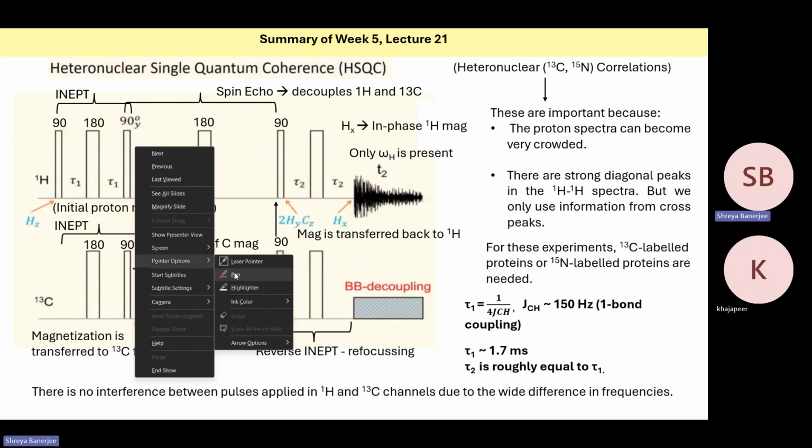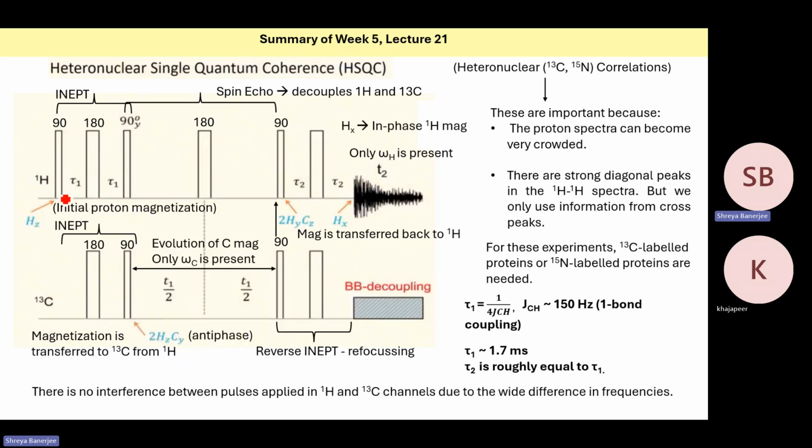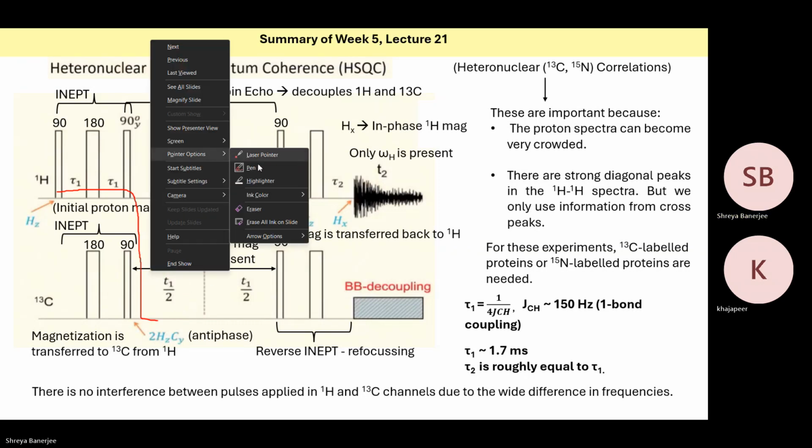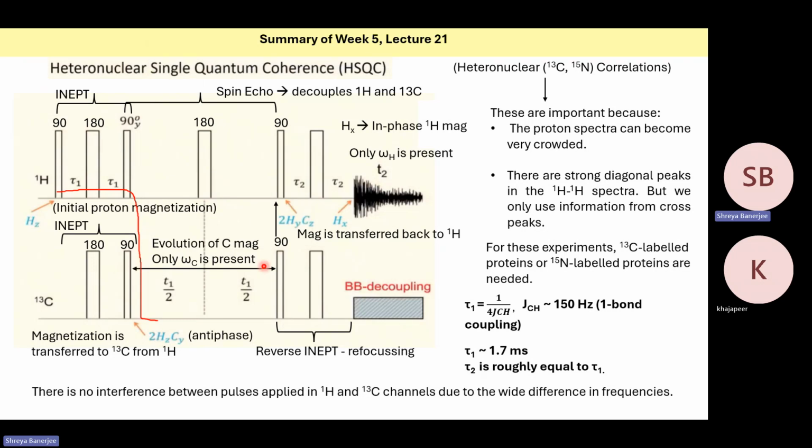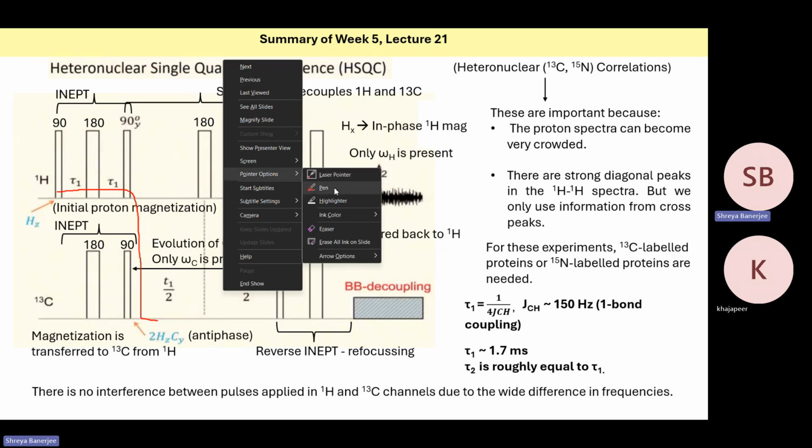So what this entire process does is transfer the magnetization that was initially only on 1H. The INEPT sequence will transfer the magnetization to 13C. Now the magnetization is on 13C. During the time t1, shown by this arrow here, the C magnetization is evolving.